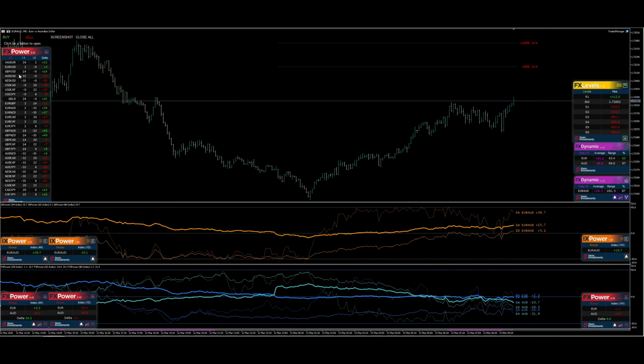So the situation on the euro against the Aussie dollar is not quite clear, but it is clear that the Aussie dollar is showing some serious dynamic to the downside here across all analysis periods, and this is less interesting because there is no easy scalping entry to be made here.